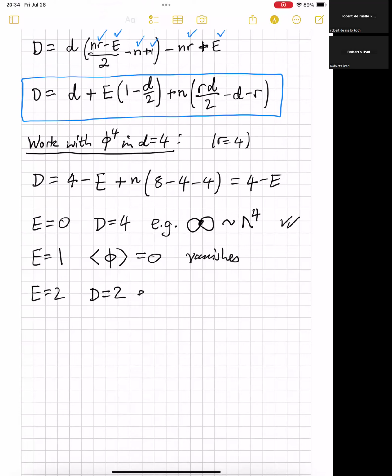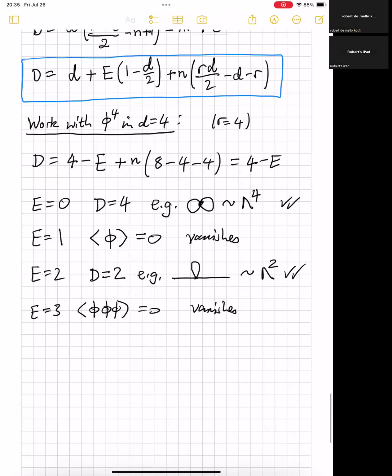And an example of this would be this Feynman diagram. And you do indeed find that this behaves as lambda squared. So that also works out nicely. When E is equal to 3, well, this is a phi, phi, phi, and this again vanishes. You can't draw a Feynman diagram, or you're integrating an odd function.